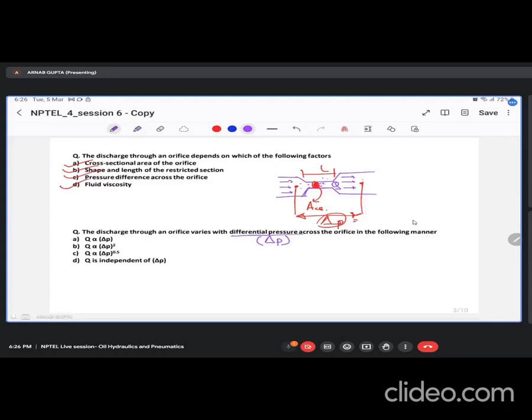I hope that you're acquainted with this. Q square is directly proportional to delta P. So the flow through this orifice is directly proportional to the square root of the pressure drop across the orifice.